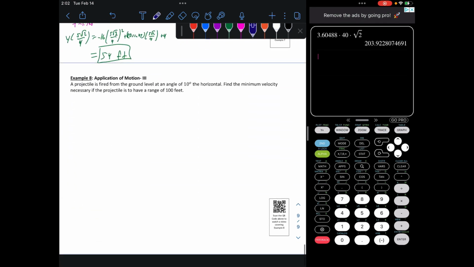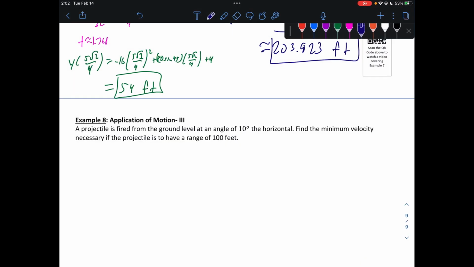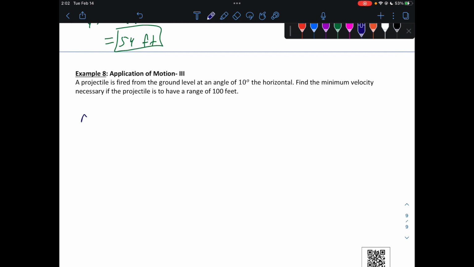Okay, last one here. A projectile is fired from ground level at an angle of 10 degrees to the horizontal. Find the minimum velocity necessary if the projectile is to have a range of 100 feet. All right, so first of all, let's again start with writing our position function.